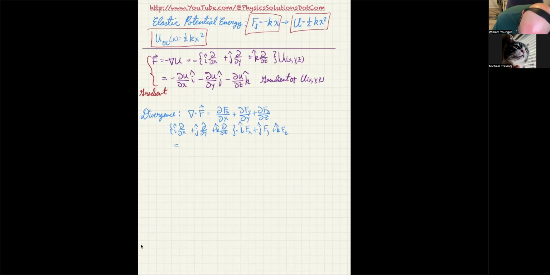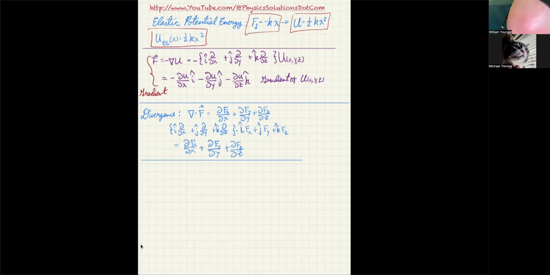And when you dot product that, that means the partial of f sub x with respect to x is the part that's going to get the x derivative, and the partial with respect to y is going to hit the j hat component, so that's partial f sub y with respect to y, and partial f sub z with respect to z. So that's, again, same thing we got before, but that's what the divergence is.